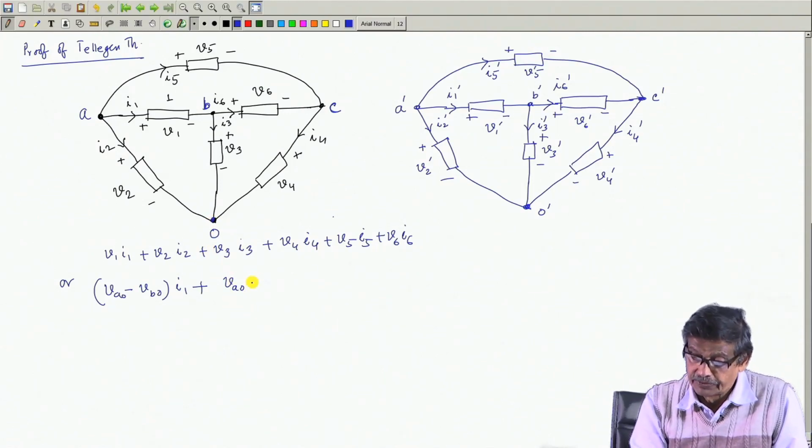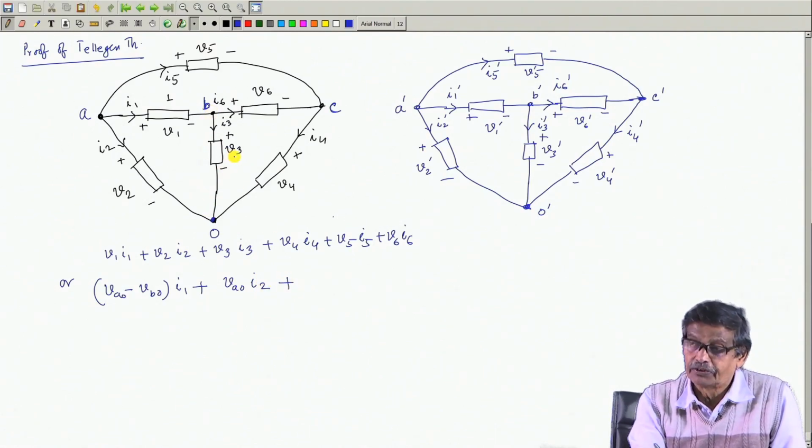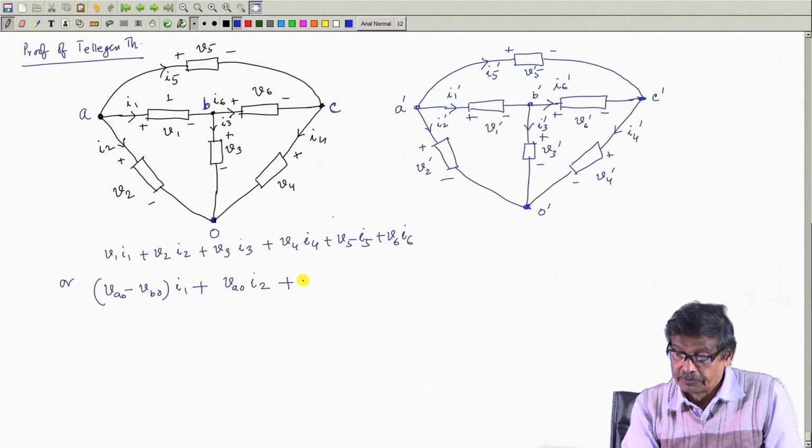So, V_A0 I2. For element 3, it will be simply V_B0 is equal to V_30. So, V_B0 into I3.